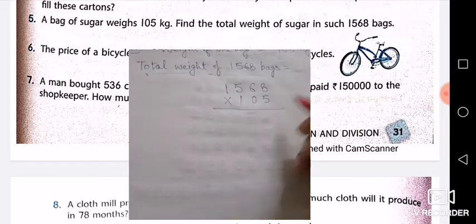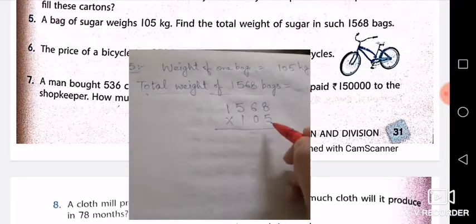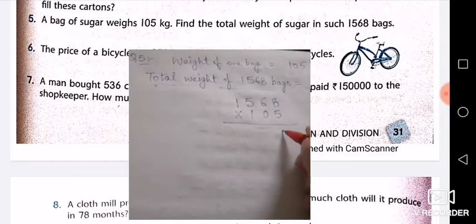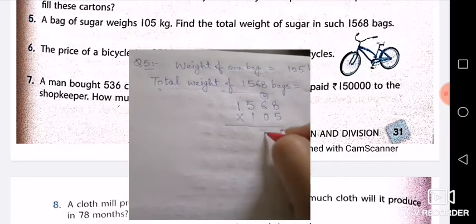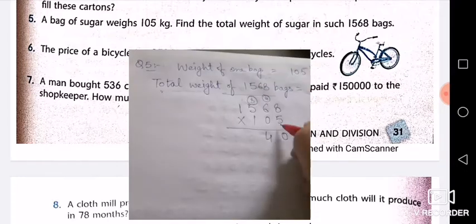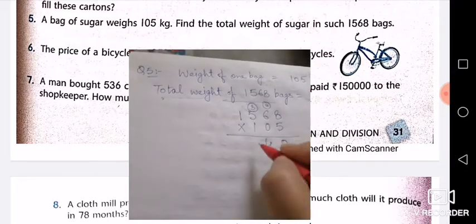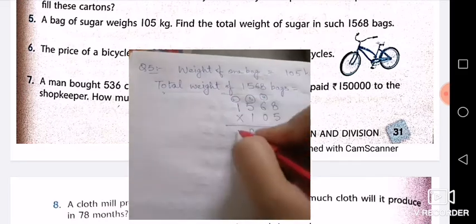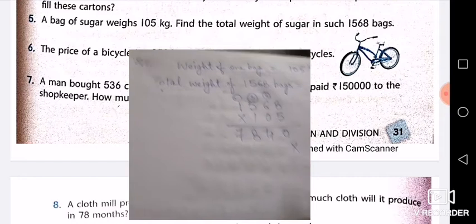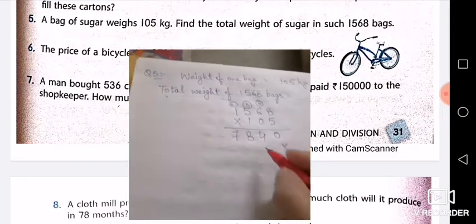We'll do this multiplication a little bit quickly. Just tell me fast. 5 8s are 40, 4 will be carry. 5 6s are 30, 34, 3 will be carry. 5 5s are 25 plus 3, 28, 2 will be carry. 5 1s are 5, 7. Now the next number is 0.